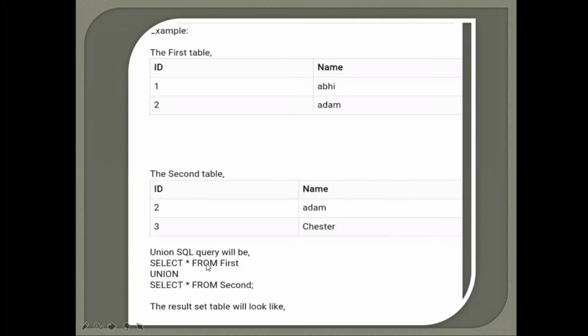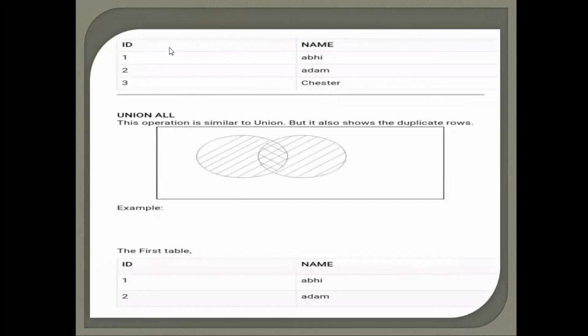Let's see what the output would be. We'll look into the data here. We have one table with IDs 1 and 2, with their respective names. In your second table, you have IDs 2 and 3 with their respective names. Let's check what union did for you. The output table here shows 1, 2, and 3.